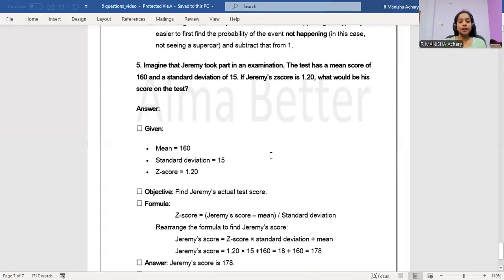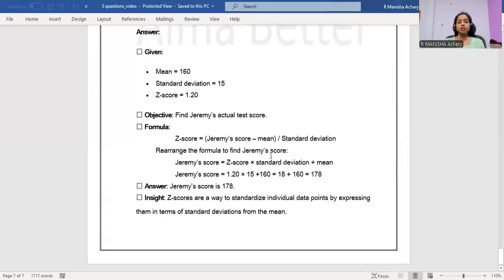From this question, we get mean equal to 160, standard deviation equal to 15, Z-score is 1.2. We need to find Jeremy's actual test score.